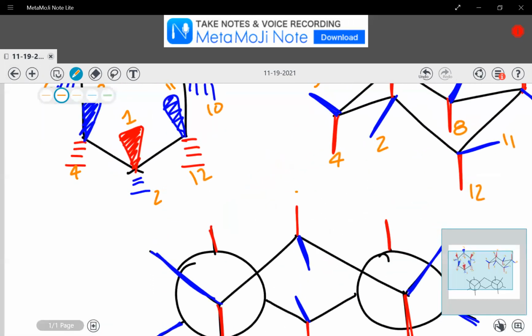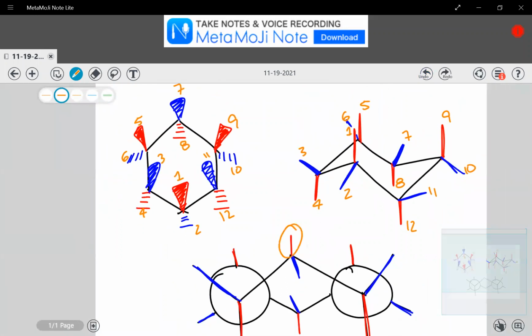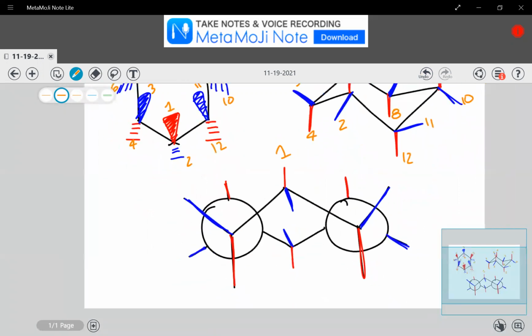This one here corresponds to this one, which corresponds to this one. Okay. 1 is going out of the page, to show that this is the axial.